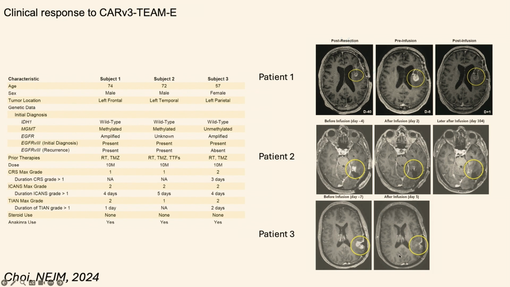There were also some side effects, including very low-grade CRS and grade 2 ICANS, and then grade 2 TIAN, which is different. It's also neurotoxicity, but is mediated mainly by the local inflammatory process that happens by the CAR T upon delivery.